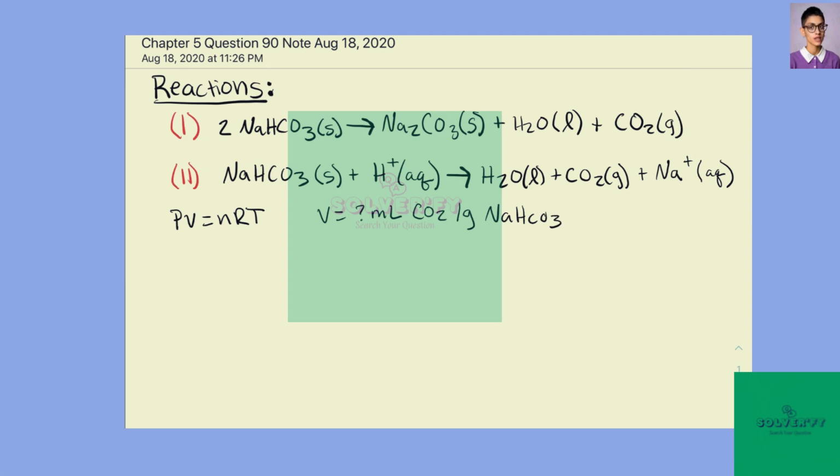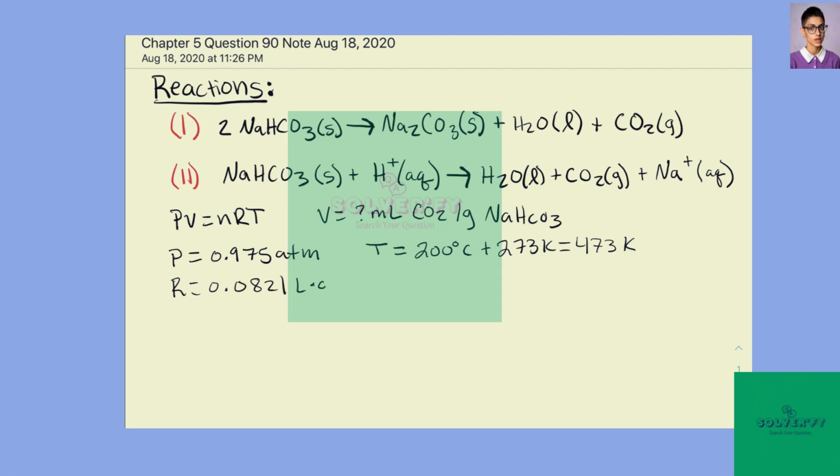They tell us that the pressure for this reaction is 0.975 atmospheres. And they also tell us that the temperature for this reaction is 200 degrees C, so I'm just going to add 273 to turn this into Kelvin. So 473 Kelvin. And I'm going to be using the R value that's equal to 0.0821 liters atmosphere per mole Kelvin.